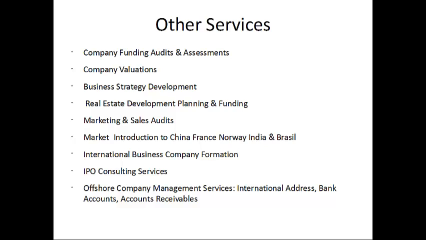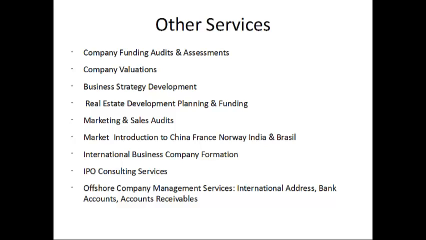We also deal with international business company formation within 10 jurisdictions of the world, ranging from Jamaica, Barbados, St. Vincent, Panama, Belize, Guyana, Trinidad, Vanuatu, Mauritius, and a few others that I might have forgotten to name.